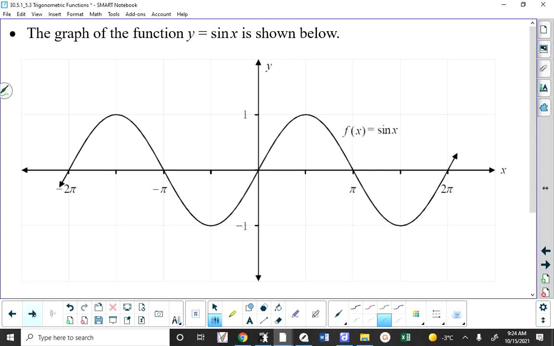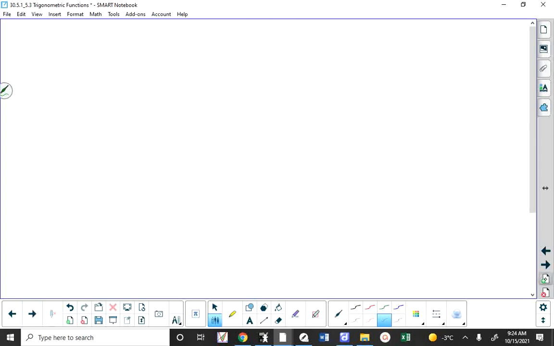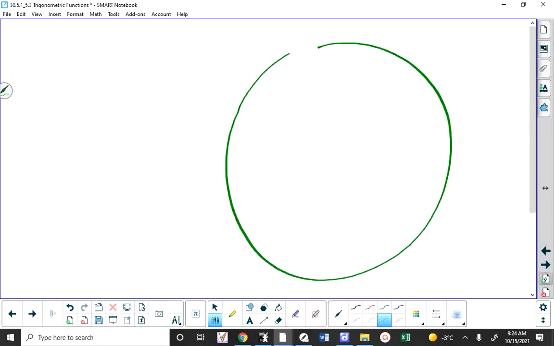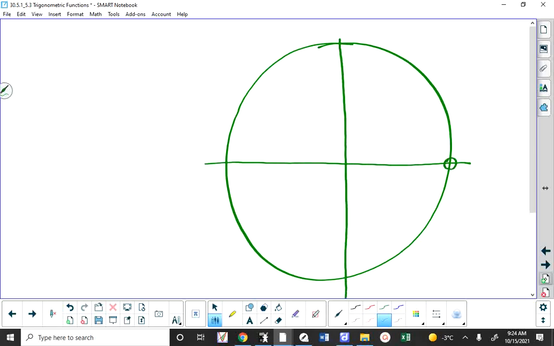Because, first of all, x on this graph is an angle. It's a rotation angle. So when you look at a rotation angle of 0 degrees, if I were to go to the unit circle, as wobbly as that looks, 0 degrees is here, and the sine of 0 degrees is 0, because it's the y coordinate on the unit circle.